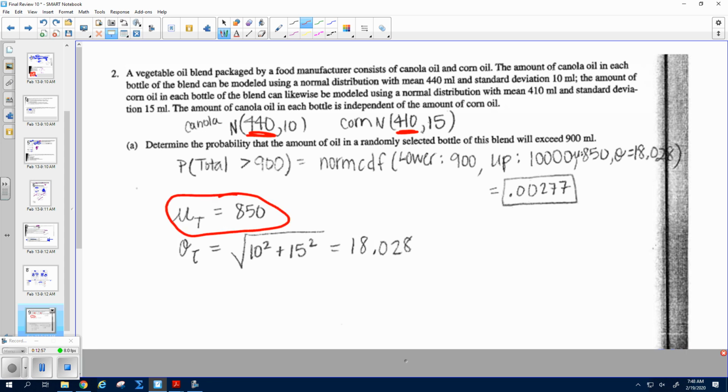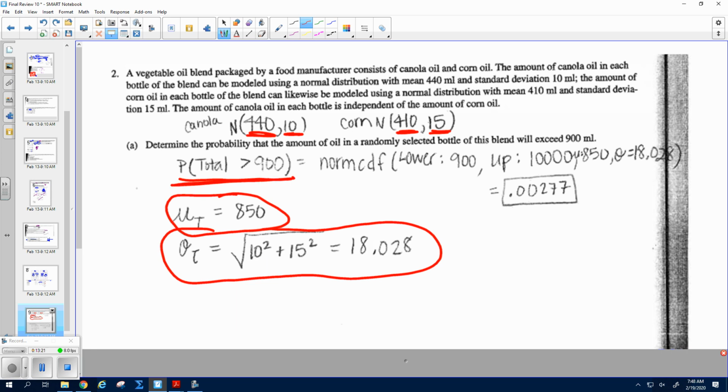And when we add standard deviations, this is our formula when we add two independent standard deviations. So I have 10 squared plus 15 squared, and we square root it. That's the total, 18.028.